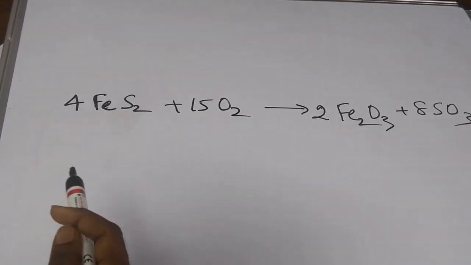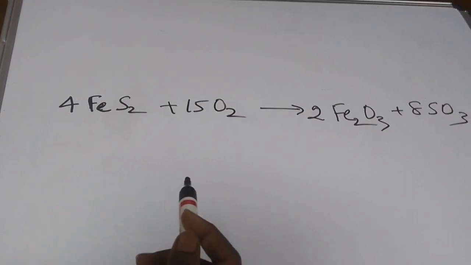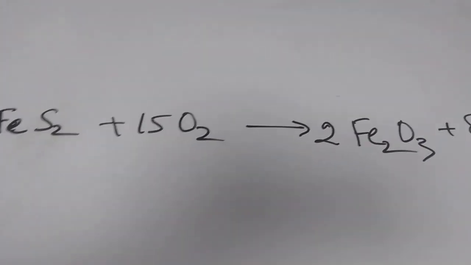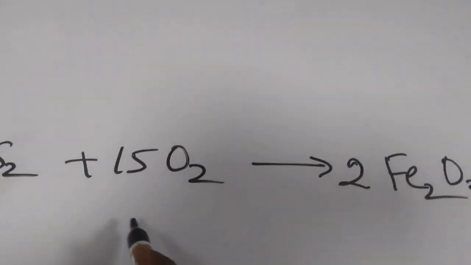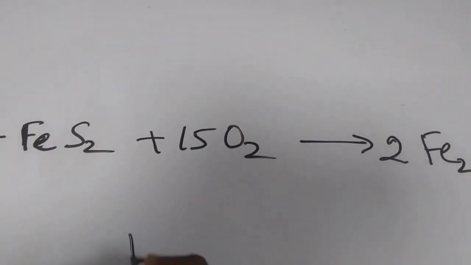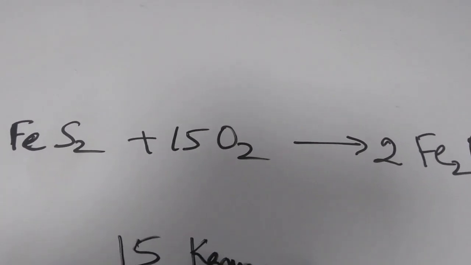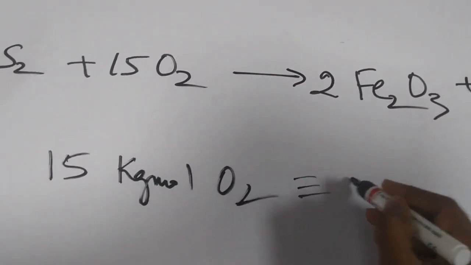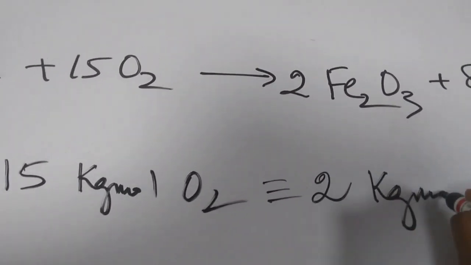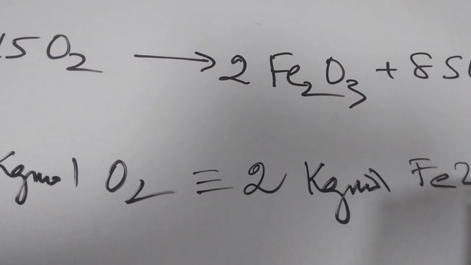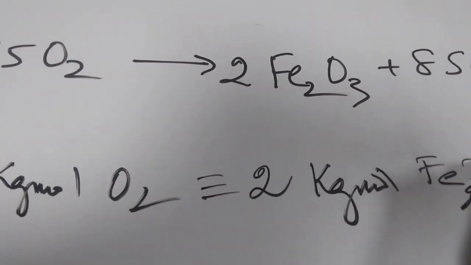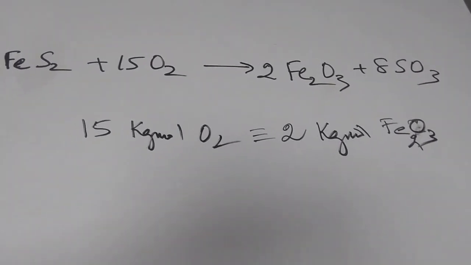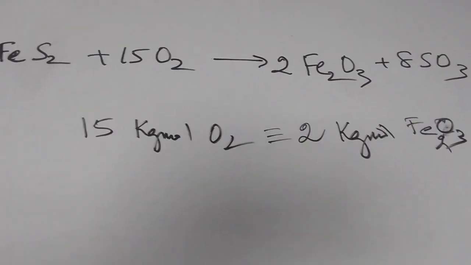The reaction is given, pyrites reacts with oxygen to form Fe2O3. So if you look here, our point of concern is that 15 kg moles of oxygen is required to form 2 kg moles of Fe2O3.